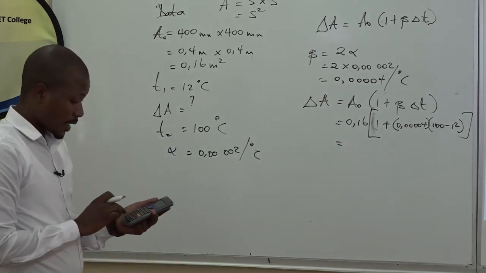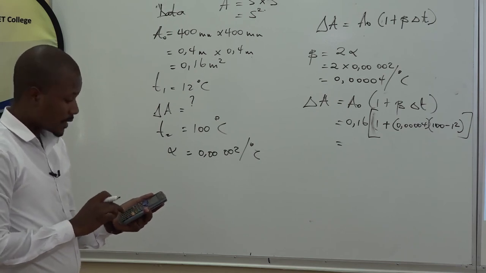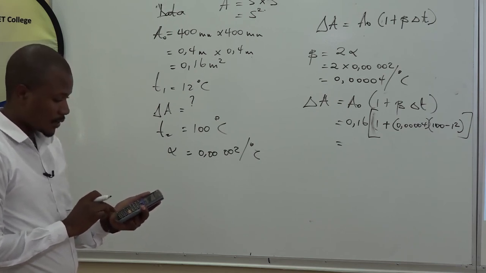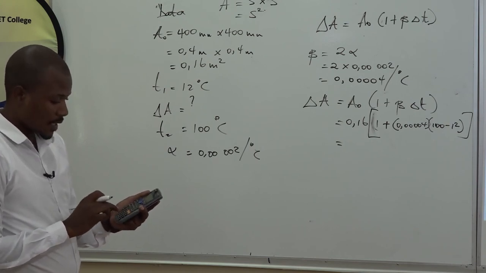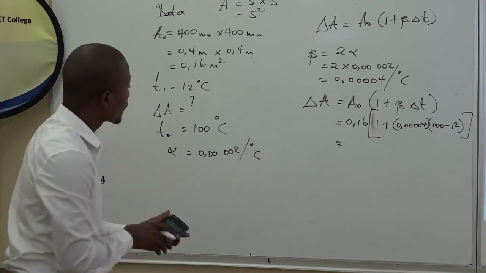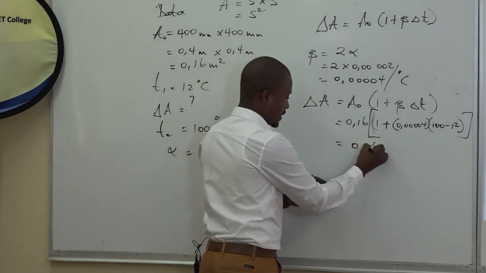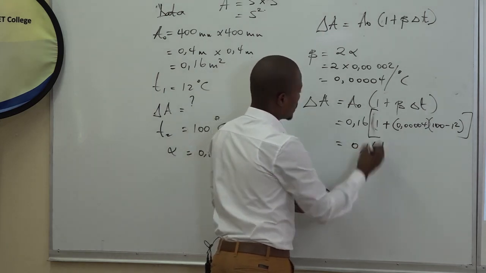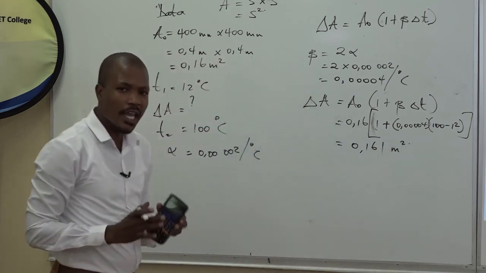Let us put that in our calculators: 1 plus 0.00004 into 100 minus 12. This would give you 0.161 meters squared.